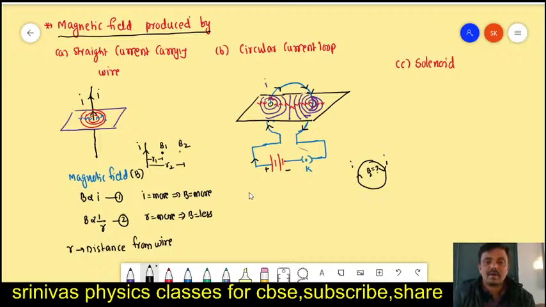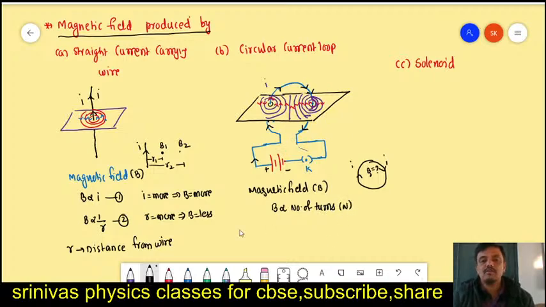On what factors does the magnetic field depend? The magnetic field due to this loop depends upon the number of turns. If more turns are there like this, like this, right? Then the field will be more.